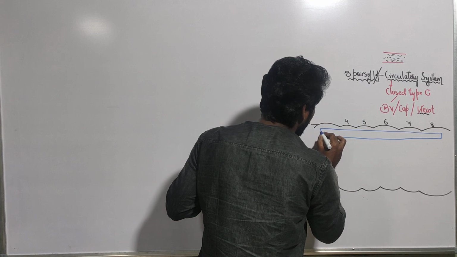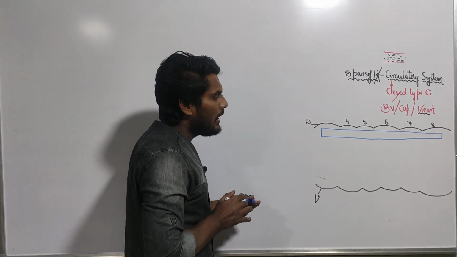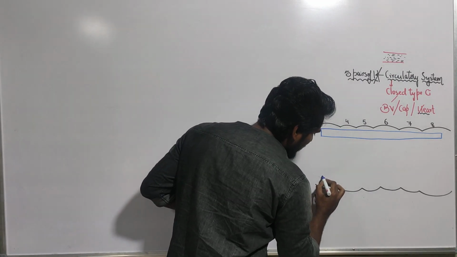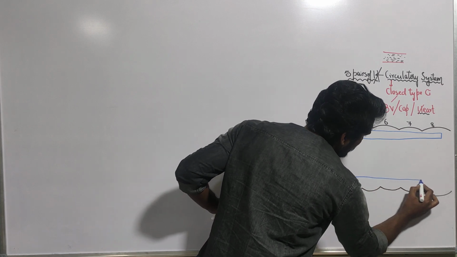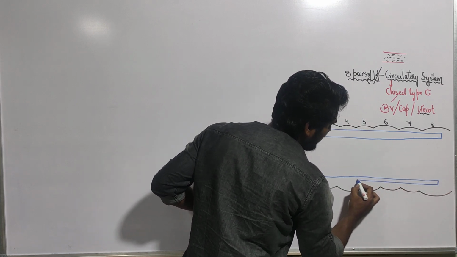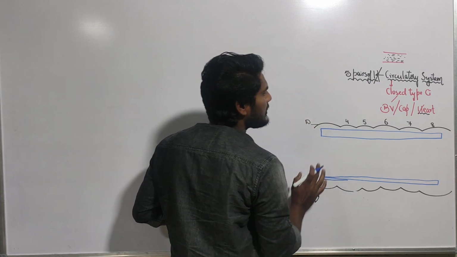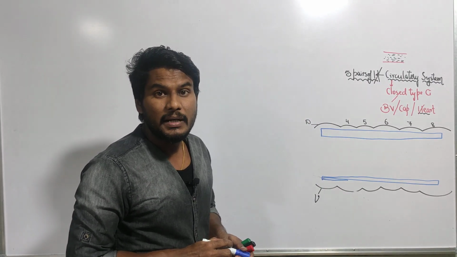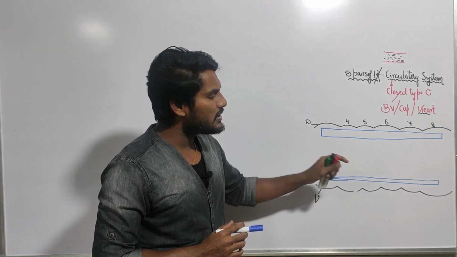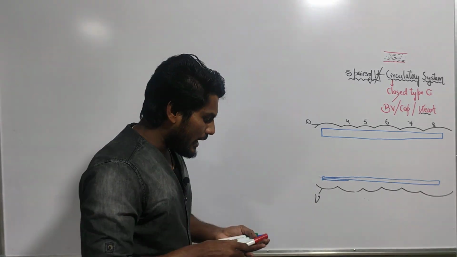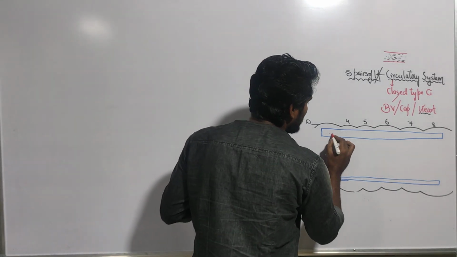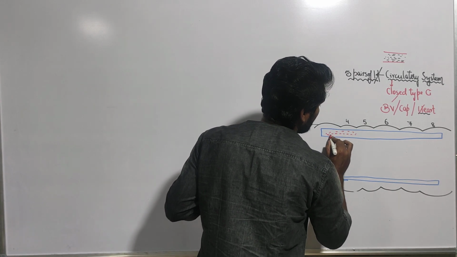In the same way, on the ventral surface there is also a blood vessel. So the blood vessel is present on both the dorsal side and the ventral side. This is the blood vessel on the dorsal side and this is on the ventral side. Next, as usual, the blood vessel contains what? Blood is present. All this is the blood.